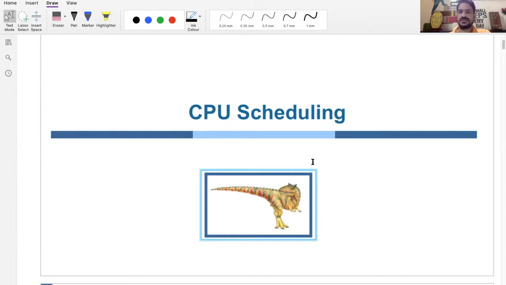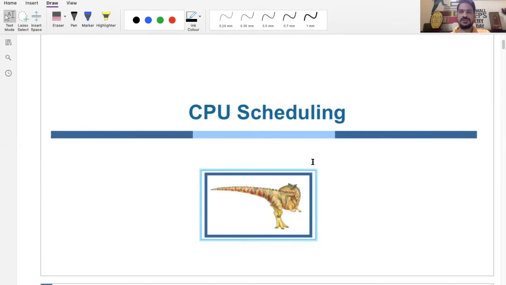All these things will be managed by the operating system. The module which does the CPU scheduling is called the CPU scheduler. So it is the responsibility of the CPU scheduler to allocate the CPU to any process.